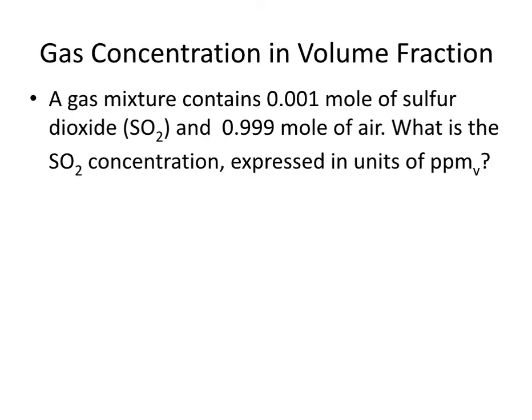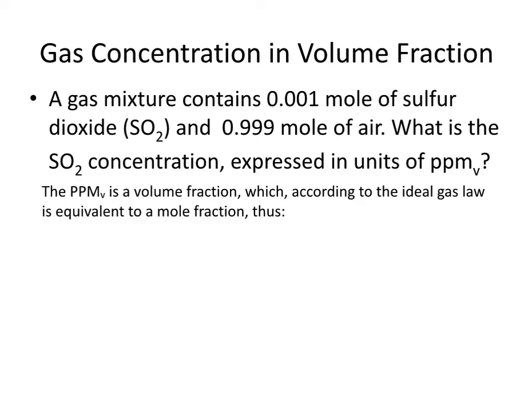First, let's look at how we define a volume fraction. Here we have a simple mixture of 0.001 moles of sulfur dioxide, a common pollutant from burning coal, and 0.999 moles of air, a very common percentage value for the nitrogen and oxygen in the atmosphere. So how would we express this SO2 concentration in parts per million volume? Well, according to the ideal gas law, the moles of the compound is proportional to the total moles of gas.